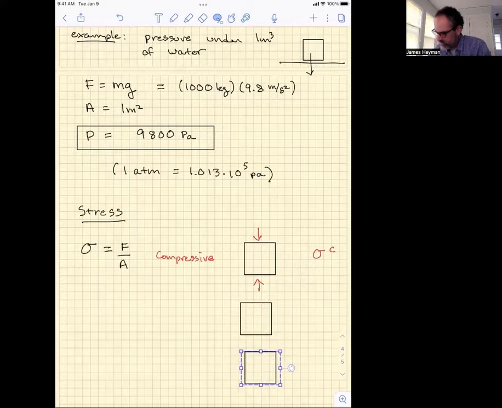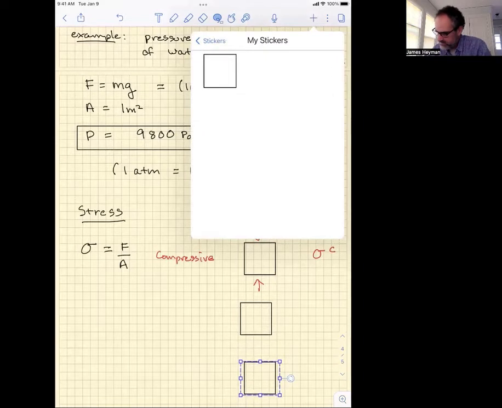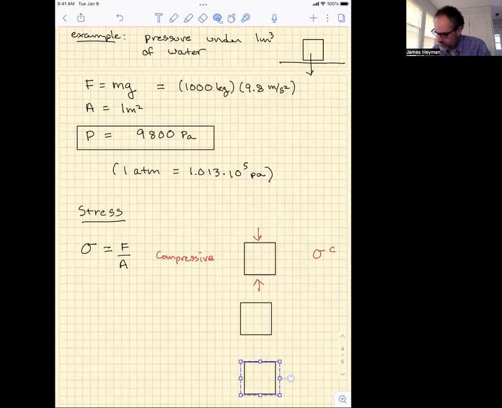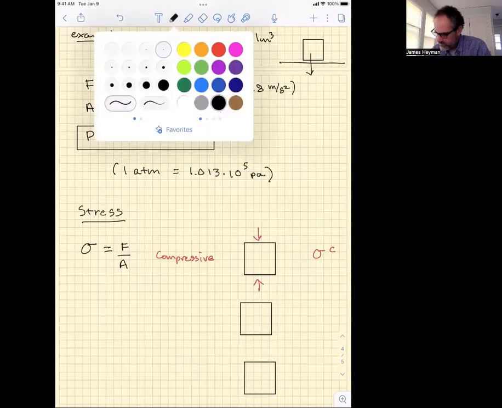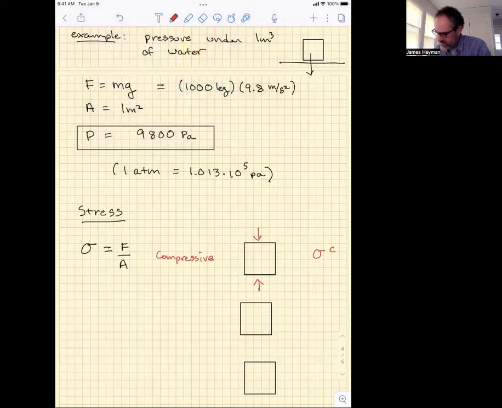There are two more that we'll be interested in. The second type is called tensile stress. And in tensile stress, the arrows point outward instead of inward. Okay?